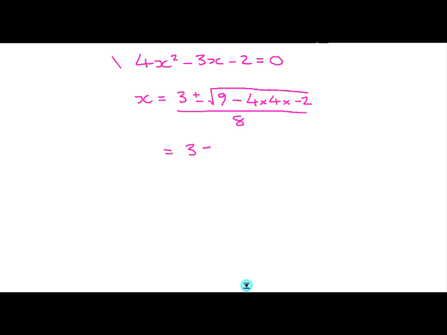So we're going to have 3 plus or minus the square root of 4 4s are 16, and double that is 32, so that's negative 32. 9 minus negative 32 is plus 32, therefore giving us 41 all over 8.